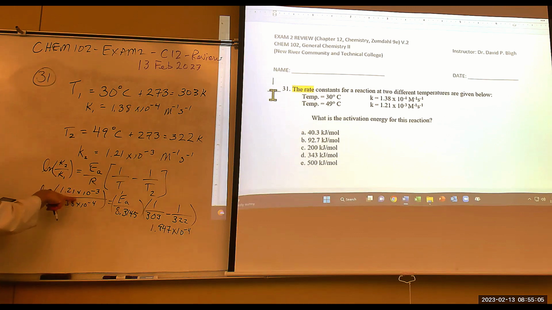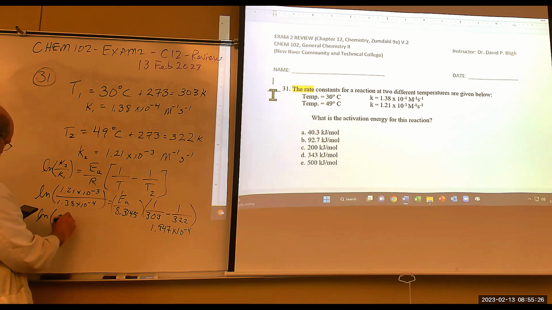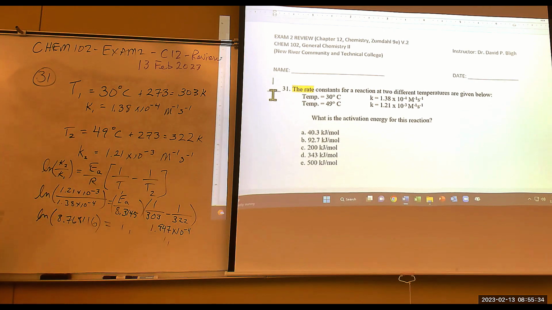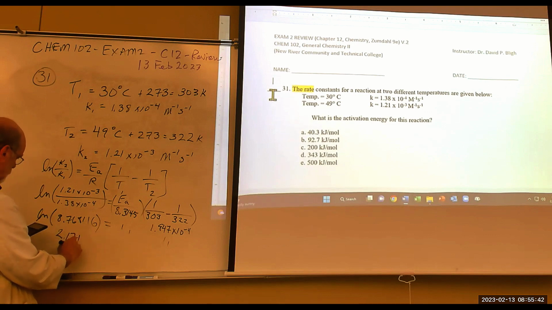And then this one, you divide 1.21 times 10 to the minus 3 by 1.38 times 10 to the minus 4, and this is natural log of 8.76816. Let's take the natural log of that while it's already in my calculator. This one is 2.171.